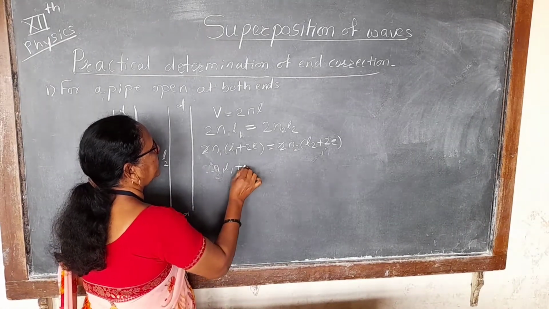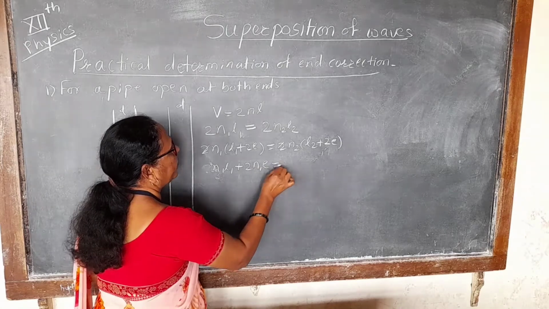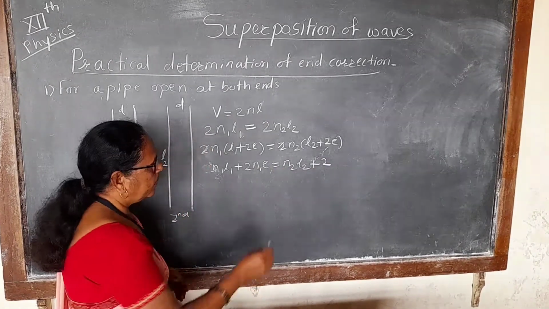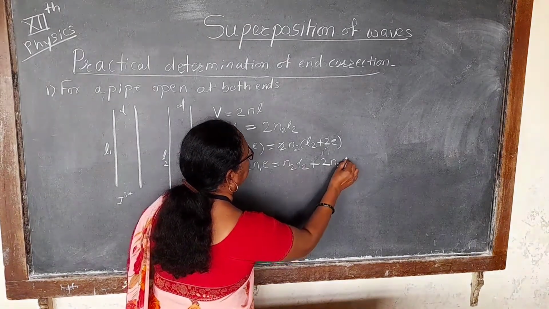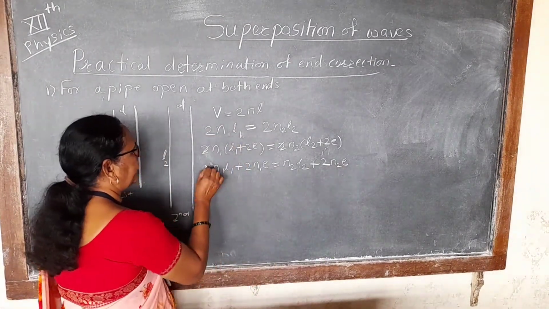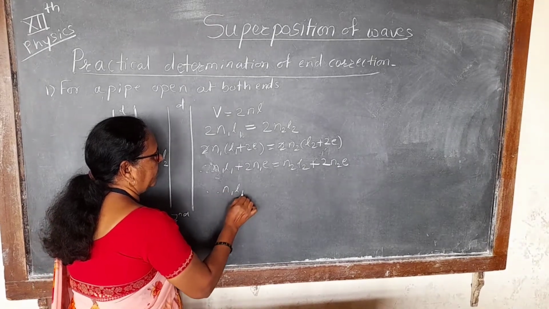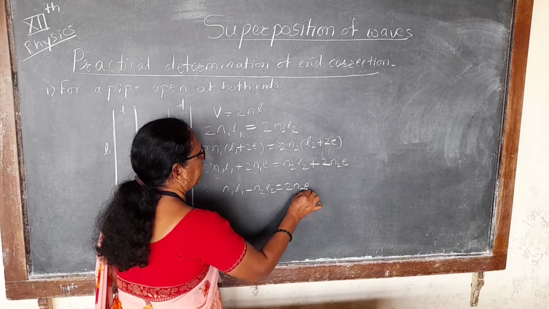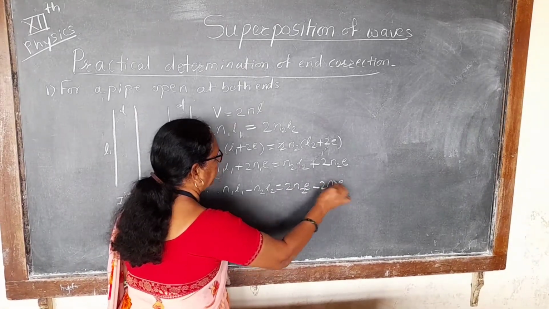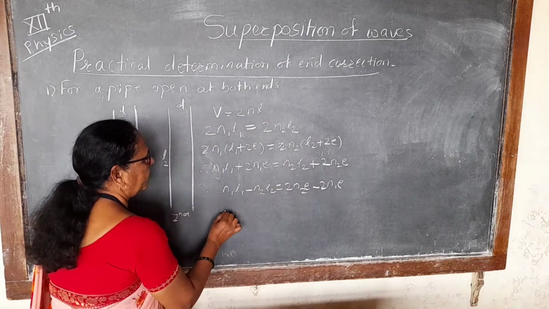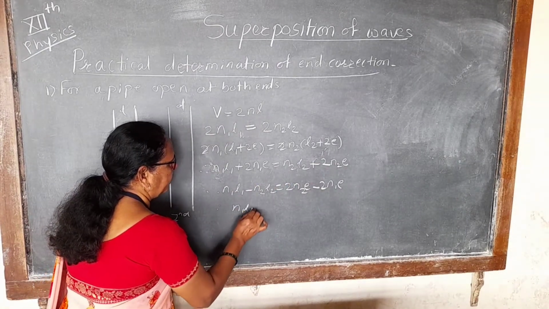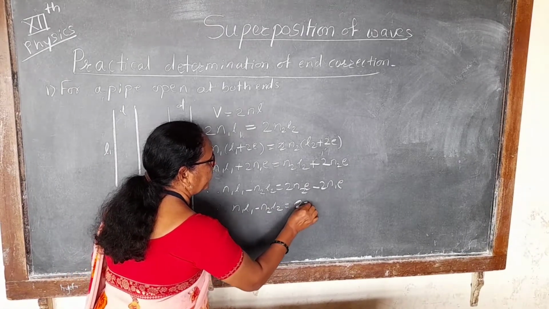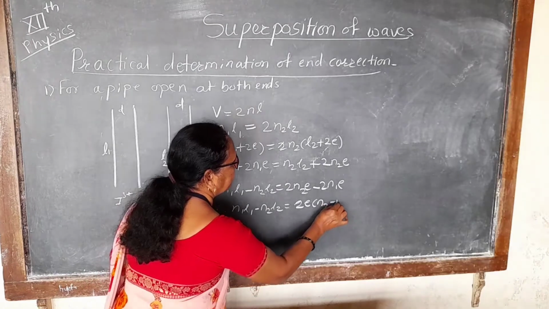N1 L1 plus 2 N1 E equals N2 L2 plus 2 N2 E. Then we shift the terms: N1 L1 minus N2 L2 equals 2 N2 E minus 2 N1 E. Now N1 L1 minus N2 L2 is equal to 2E into bracket N2 minus N1.